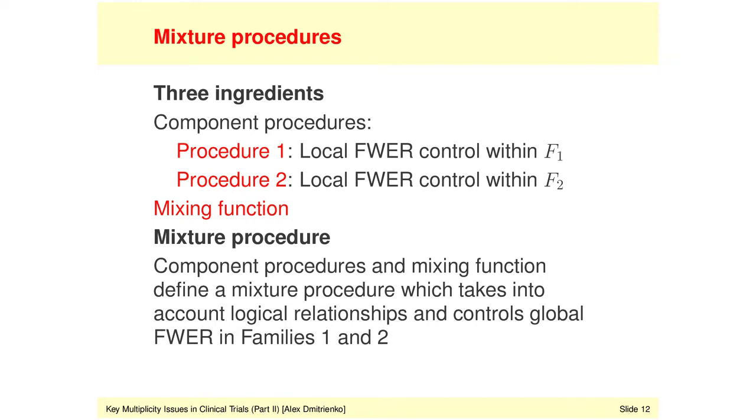And that defines multiple families of hypotheses. And when we use the term mixture in this context, we make an analogy with a mixture of data distributions. In general, as you remember, when we specify a mixture distribution, we need to first specify the component distributions, and then we define a mixing distribution.